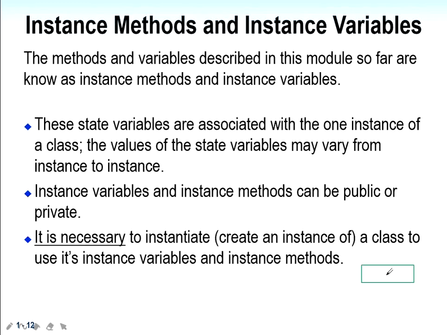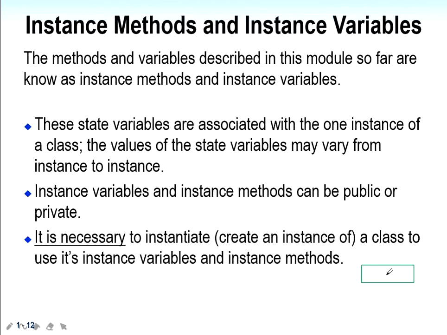One is instance method and instance variable. So whatever I keep in that particular class, when I define a student class भित्र म के हाल्छु, attributes हाल्छु नि. So those attributes now onwards we call it as instance variables.